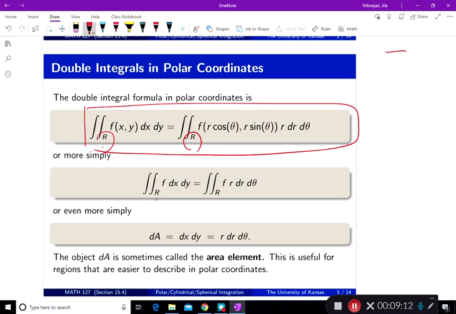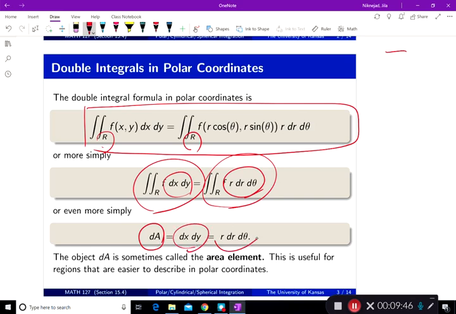So basically if you have a double integral in the xy plane, then you convert it to the polar plane by just plugging in r cosine theta and r sine theta for x and y in f, and then instead of dx dy, you will have r dr d theta. And so this is going to tell you that dA in the xy plane, which is dx dy, is basically going to be replaced by r dr d theta.